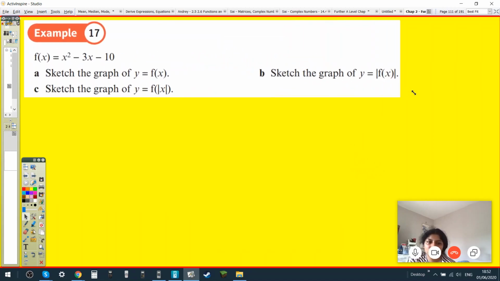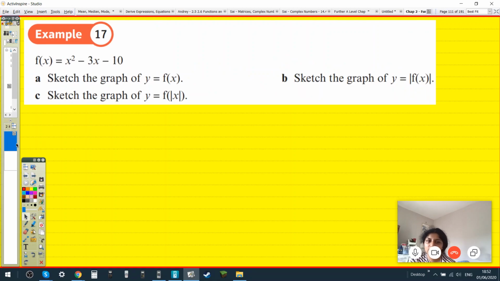So the first one is just a quadratic, x squared minus 3x minus 10, because it's just normal y equals f of x. And then the second one, the whole thing is the modulus.